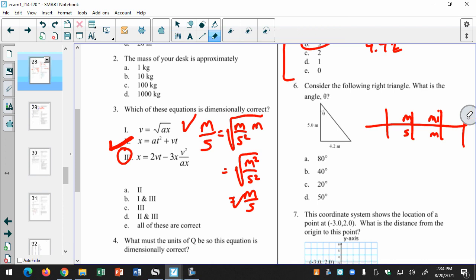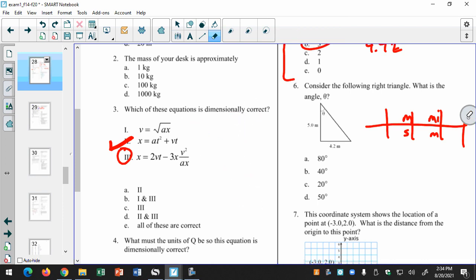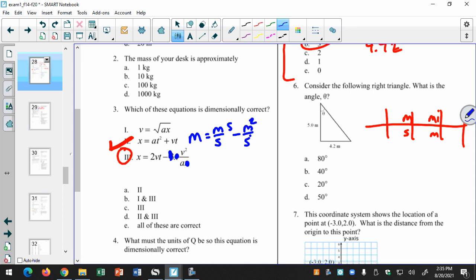Let's look at this third one. All right, X is meters. V times T, that's meters per second times second. So far I'm okay. Minus the 3 doesn't count. I'm going to get rid of the X because it cancels out with that. Meters per second is velocity, but it's squared.